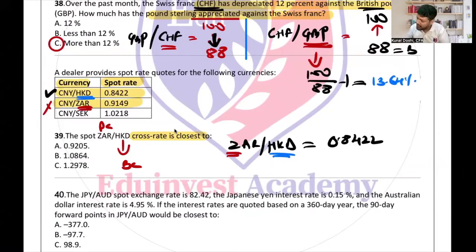So when I inverse it, that means I will have to divide by 0.9149. This is the technique that I use. You have to check individually whether it's in base or price. If not, inverse it. So now if you do 0.8422 divided by 0.9149, you will definitely get the right answer, 0.9205. Understood the technique, everyone? Check, check, check.